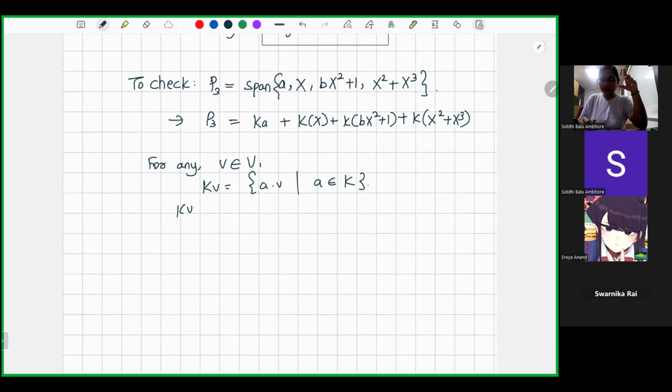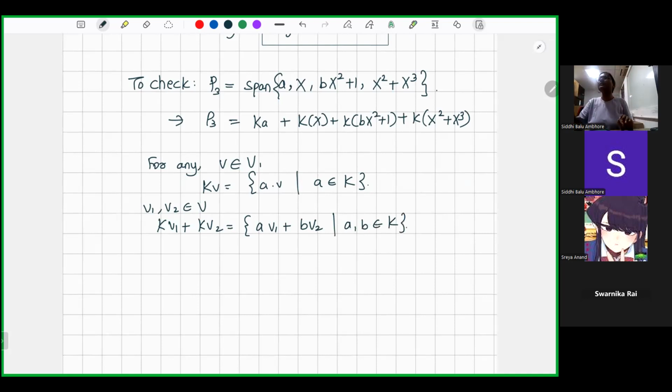And if I take v1 and v2 from V, then Kv1 plus Kv2 is the span of these two vectors, and it is precisely this set. So it is the possible linear combinations of these two elements, and that is what a span of given vectors means.